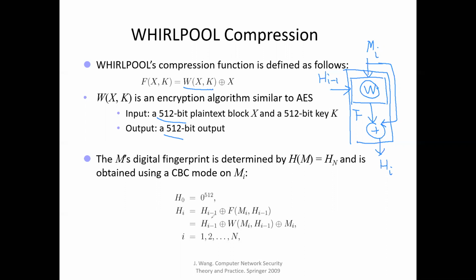And then hi is equal to hi minus 1 exclusive OR f(mi, hi minus 1). So this is how Whirlpool is done. Now let's look at what this W looks like.